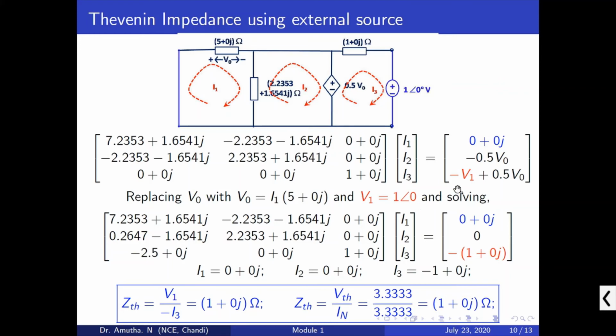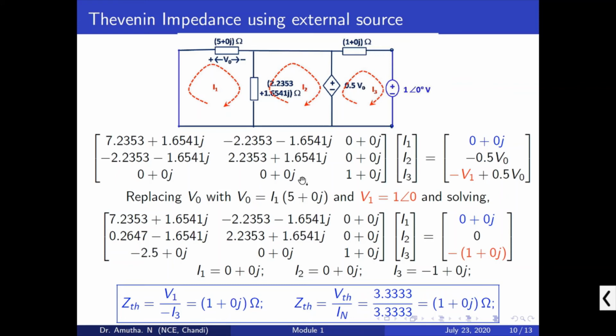After applying everything, this is due to the independent sources, and this is due to the dependent sources. We have applied the dependent equations, substituting the dependent equation in this one, we got this one. From this we can calculate what is I1, I2, I3. Now this is the voltage at this branch, and I3 is the current through that branch, and if you calculate, then we can get the Z Thevenin.